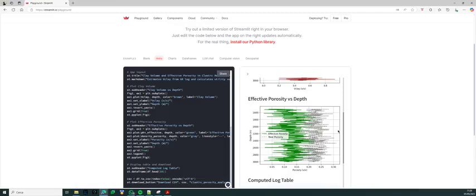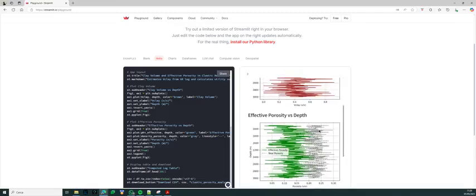This corresponds to the porosity that decreases with depth. So we have a low porosity in this range of depth.